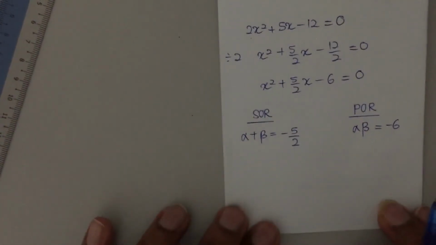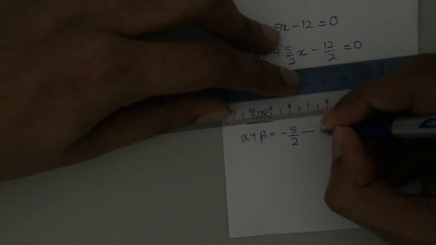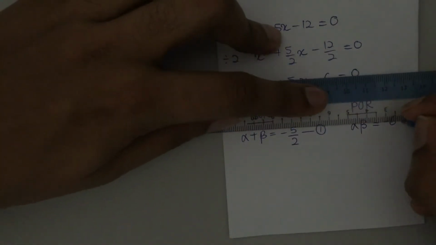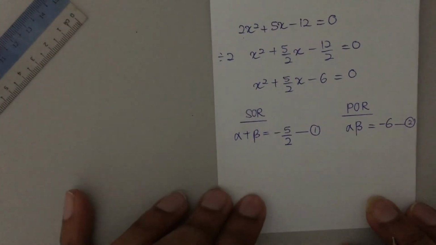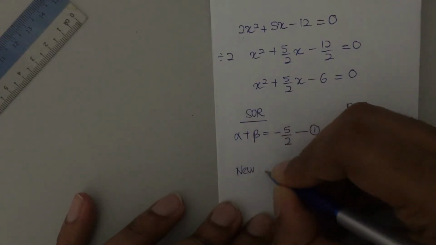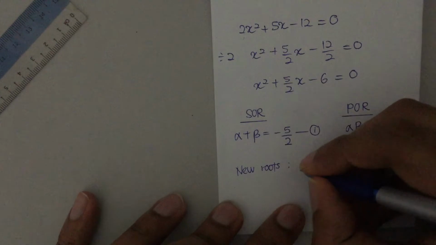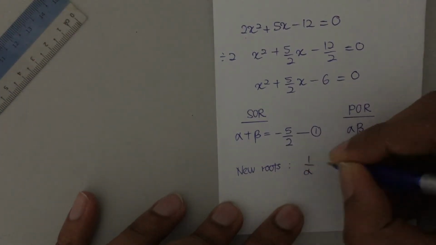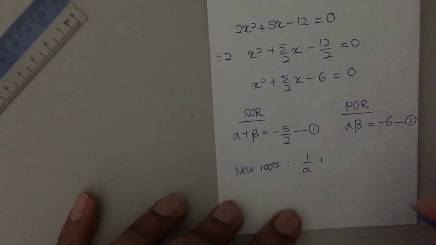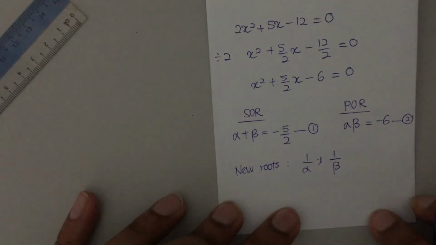So from here, this equation you set as equation 1, and the alpha beta equation you set as equation 2. Now the question has already given us new roots, which in this case are 1 over alpha, comma, 1 over beta.